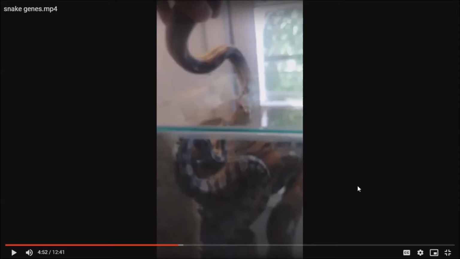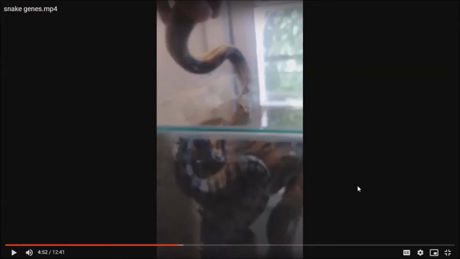This genus Pantherophis is actually the same genus that a black rat snake is in. They're much more common. You've probably come across a black rat snake before. Those are Pantherophis obsoletus. These are Pantherophis guttatus. So they're in the same genus. The corn snake is also known as a red rat snake.